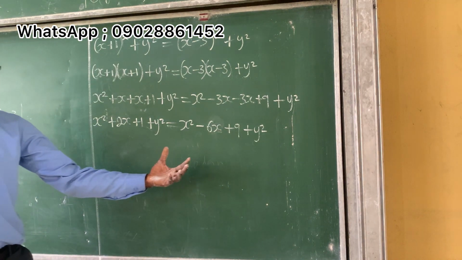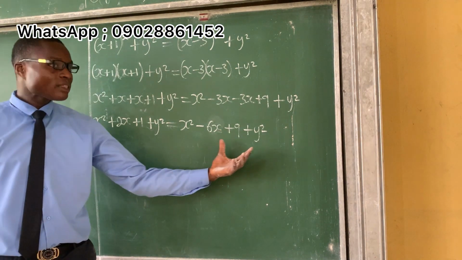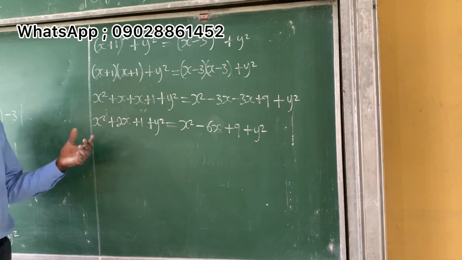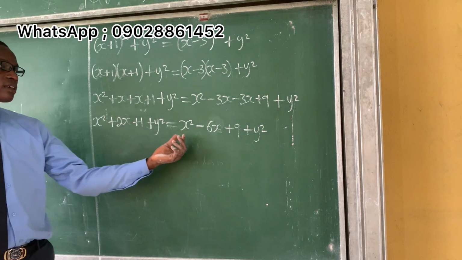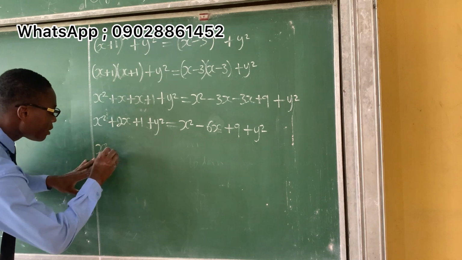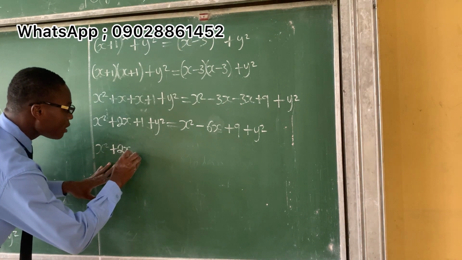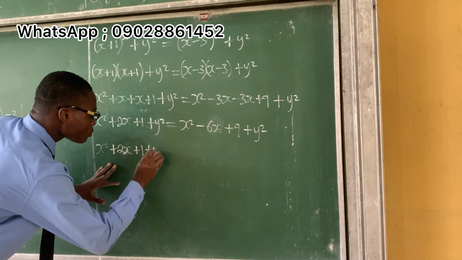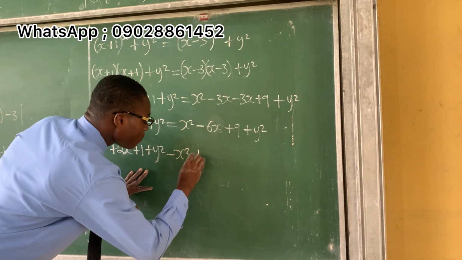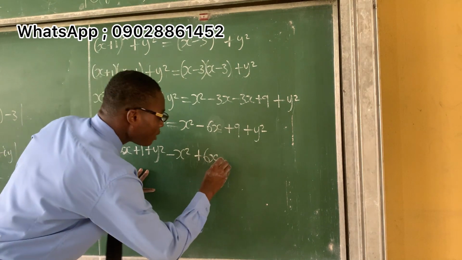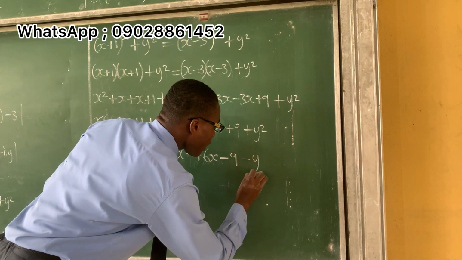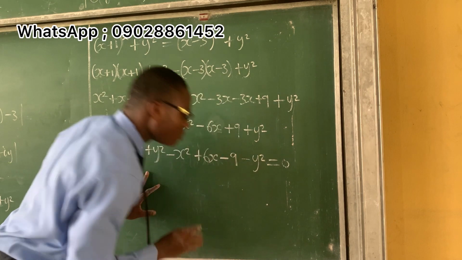So let's bring everything from the right hand side to the left hand side, and then set it equal to 0, because we are trying to find the coordinates of either x or y. So this means that we are going to have x squared plus 2x plus 1 plus y squared. If this crosses to the other side, it becomes minus x squared plus 6x minus 9 minus y squared equals 0.